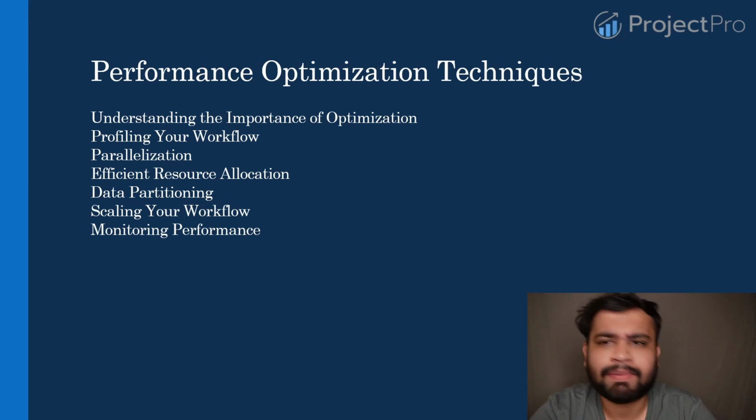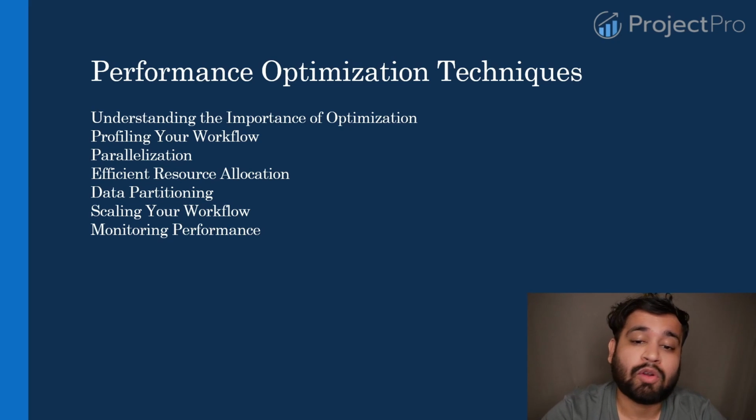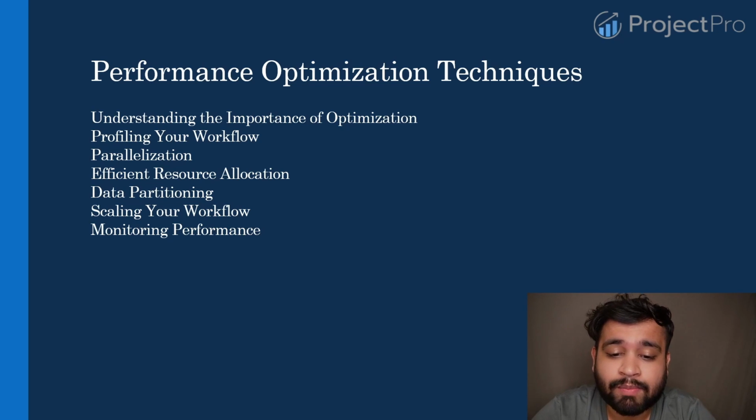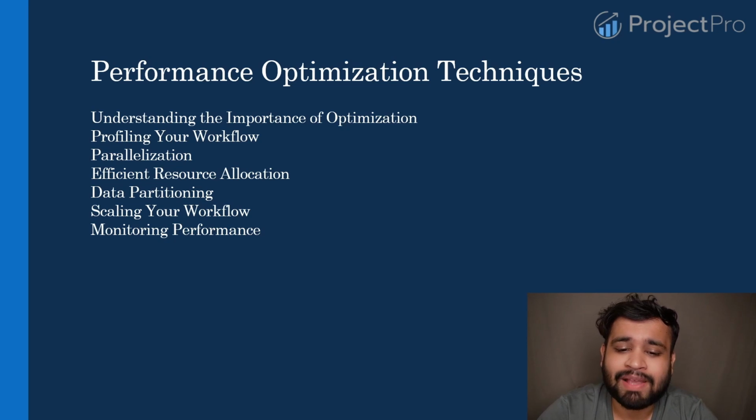This is a pretty important technique for optimization, which involves measuring the performance of your data pipeline components. There are profiling libraries as well as built-in tools in your workflow management system, for example, Apache Airflow's profiling capabilities, which will improve the profiling as well as the performance of your workflow.